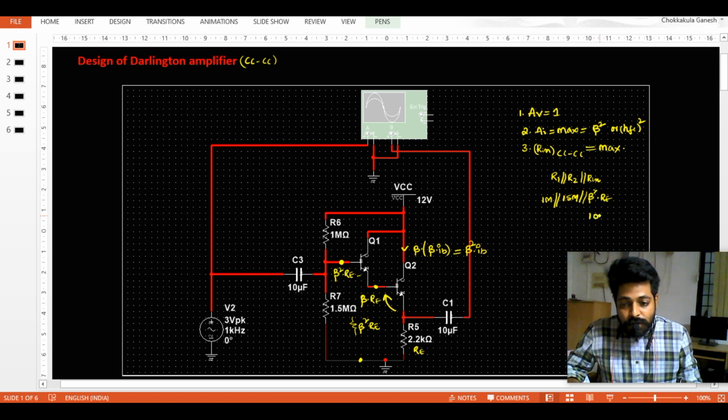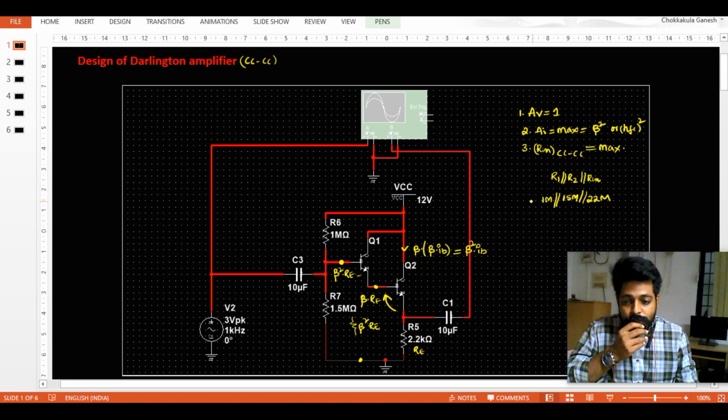So 100 whole square is 10 to the power of 4 times 2.2 kilo ohms, so it's around 22 mega ohms.